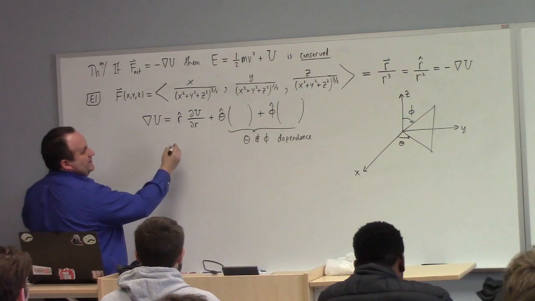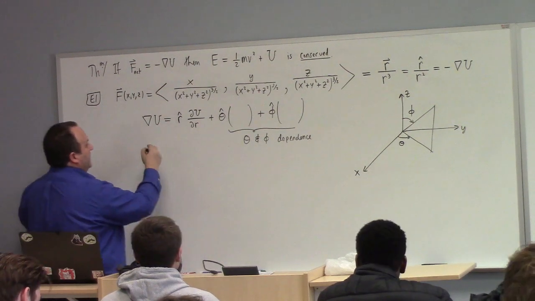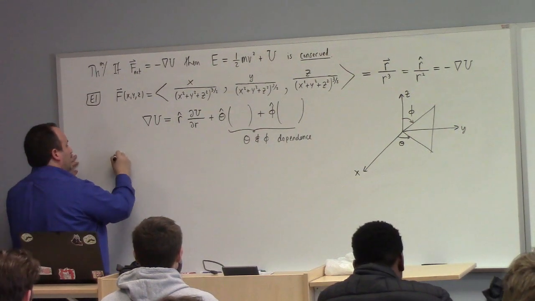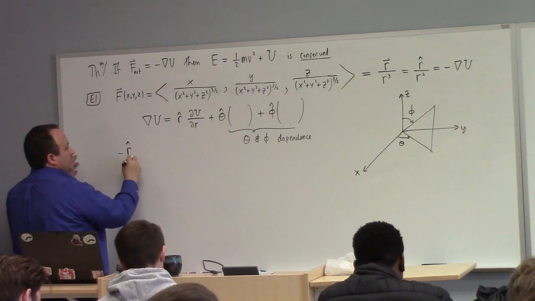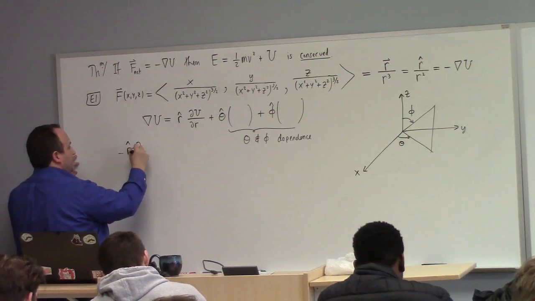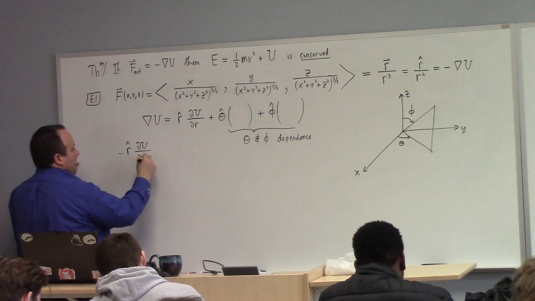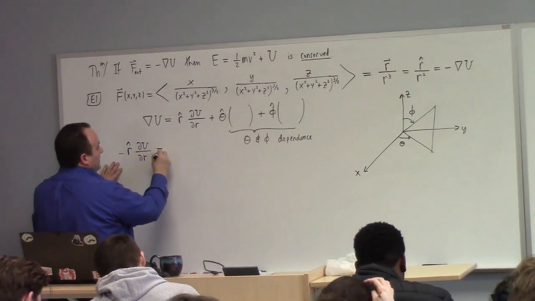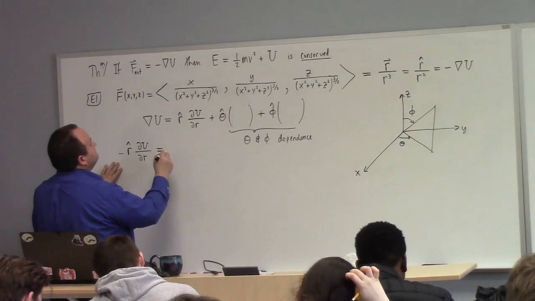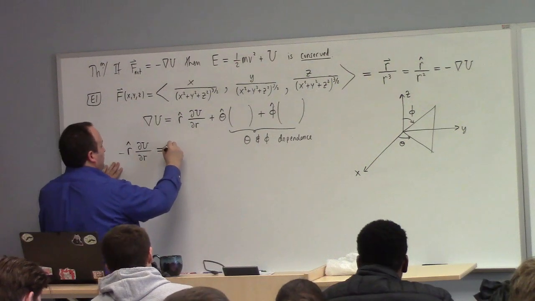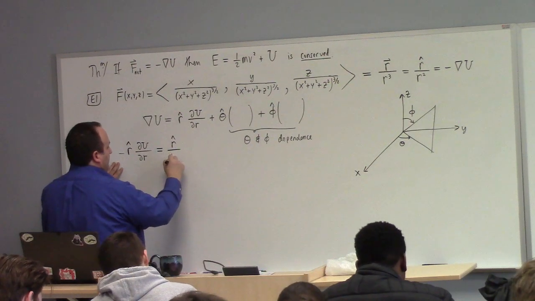Now, if you believe me, we're just trying to solve minus the gradient of u, right? So minus r hat times partial u partial r is equal to r hat over r squared.